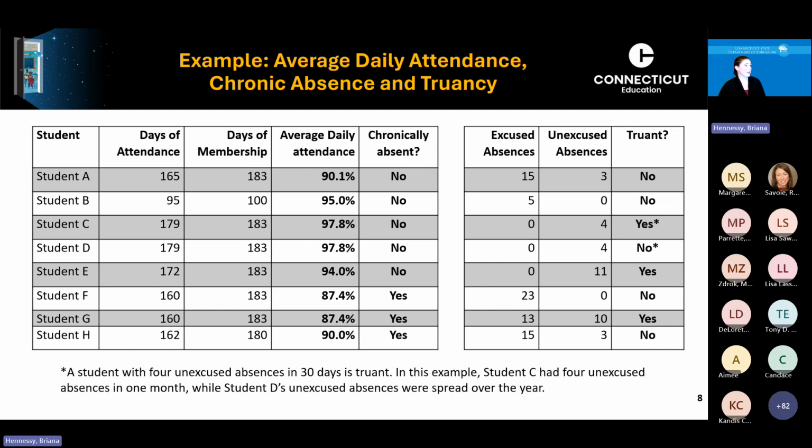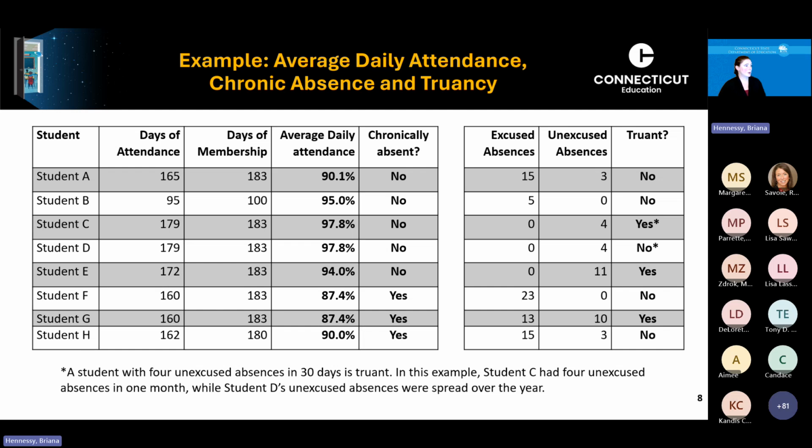Student D has the same attendance pattern with the same 4 unexcused absences, but if those 4 unexcused absences were spread over the year, then this student is not truant. Student E has 11 unexcused absences. Maybe they're spread over the year, maybe they're all in one month. That student is truant.